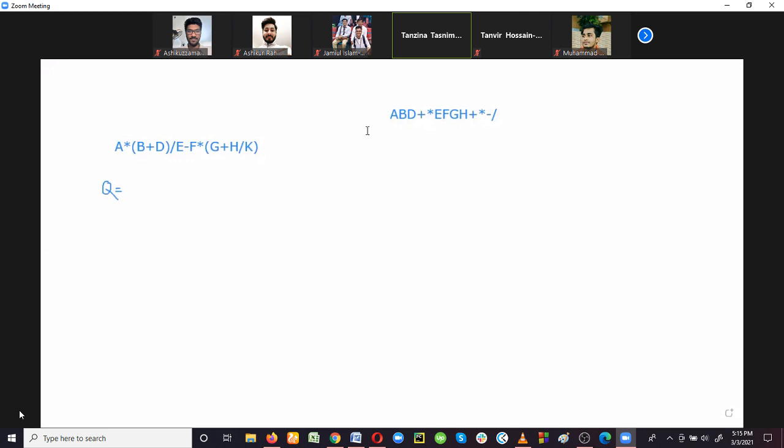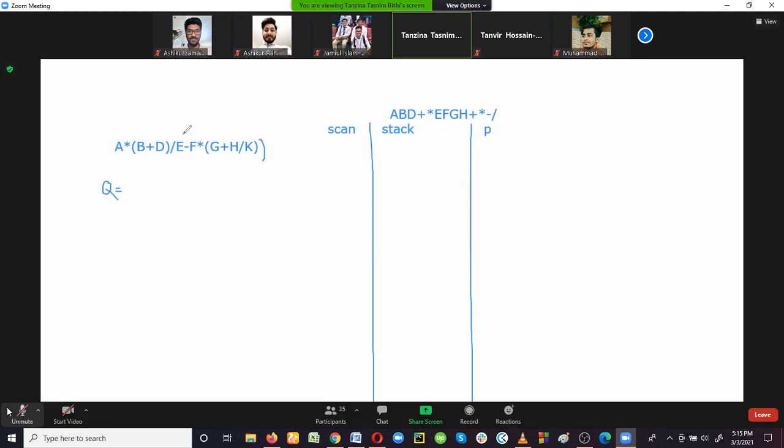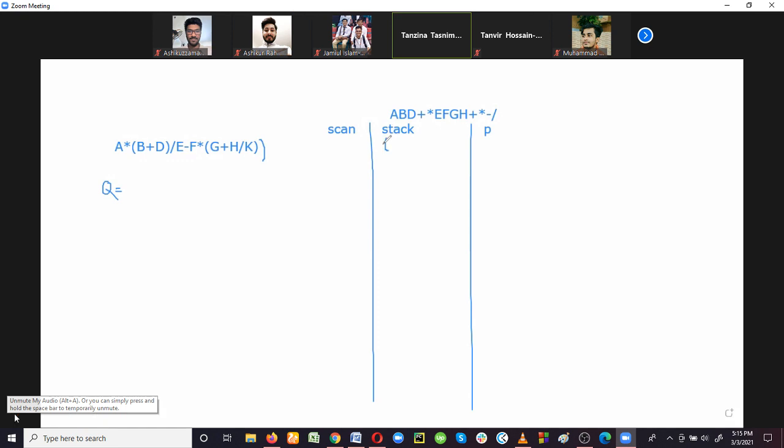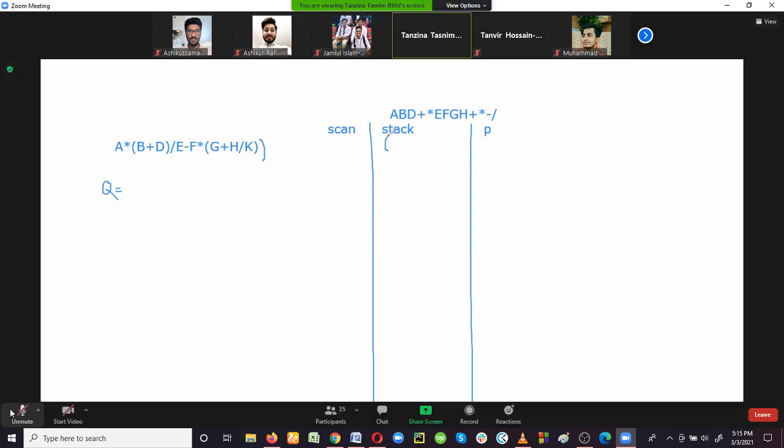So here, okay, so the first step is add a right parenthesis at the end of the infix notation, and then add a left parenthesis at the beginning of the stack. Okay, now we can start scanning this infix notation.